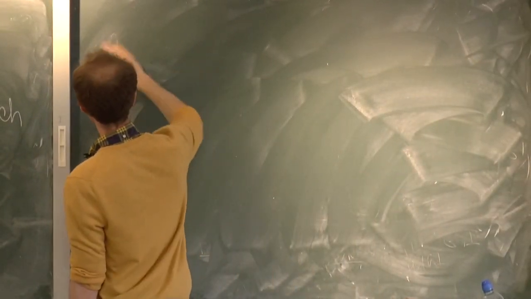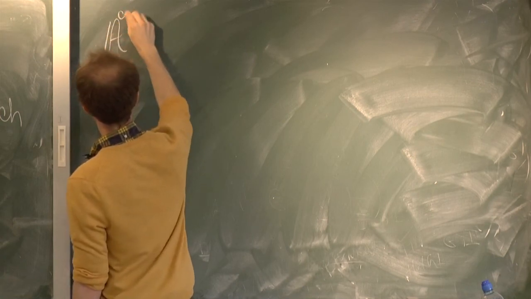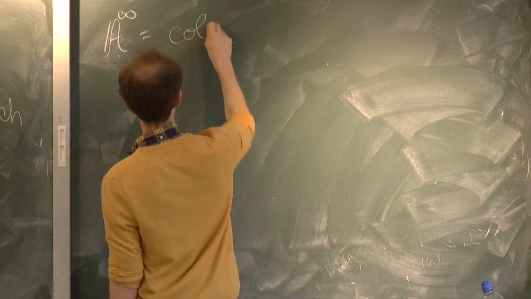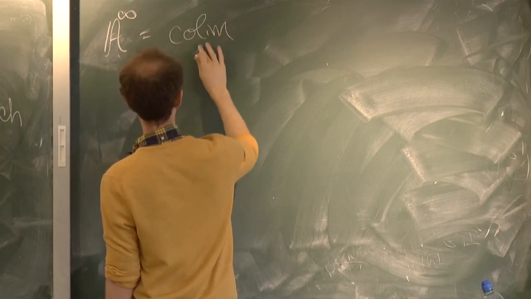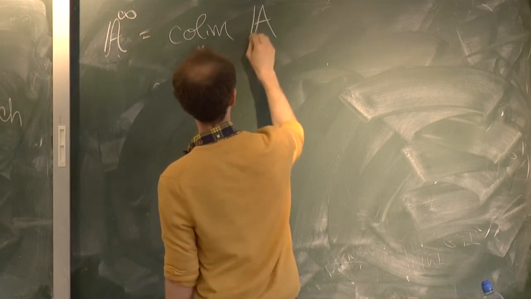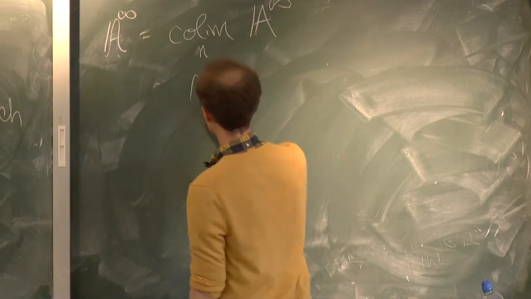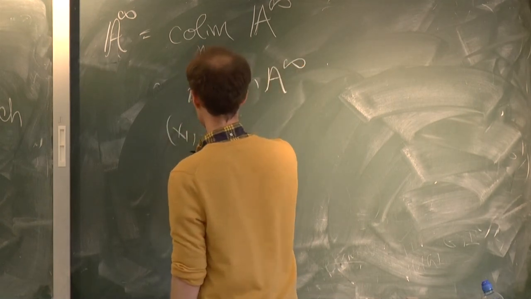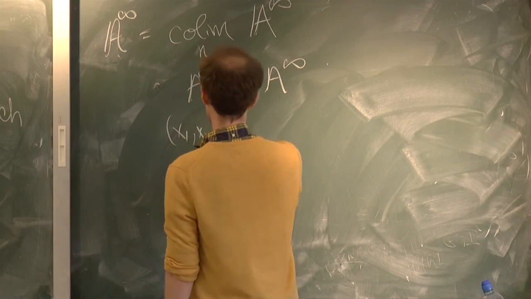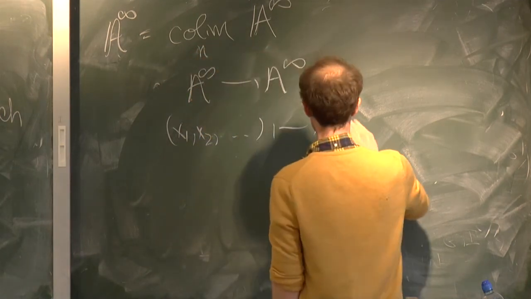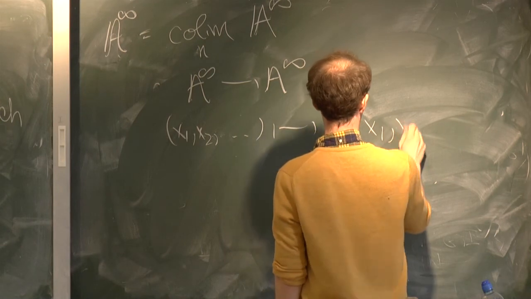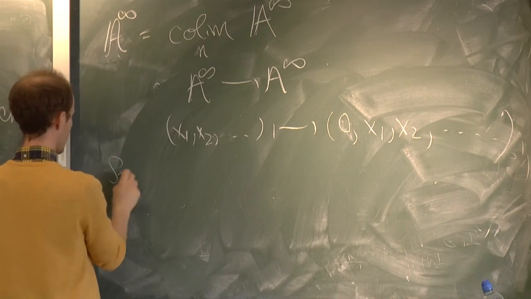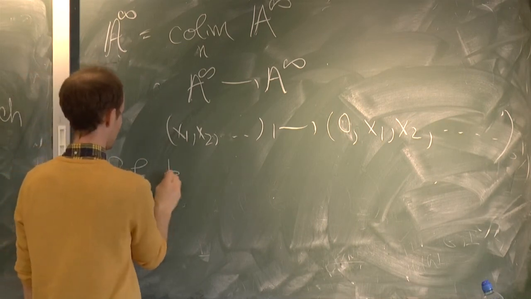One thing I can do is take A infinity infinity, which is supposed to be the colimit over n of A infinity, where each map A infinity to A infinity on coordinates sends x1, x2, etc. to 0, x1, x2, etc. So you can think about this space concretely as Spec of k.